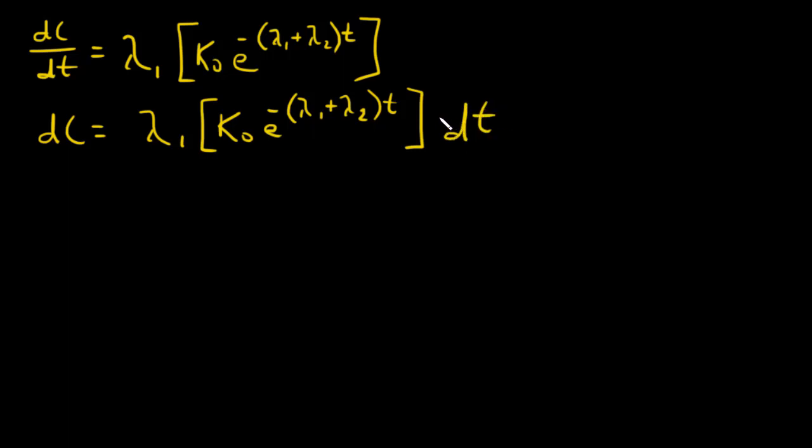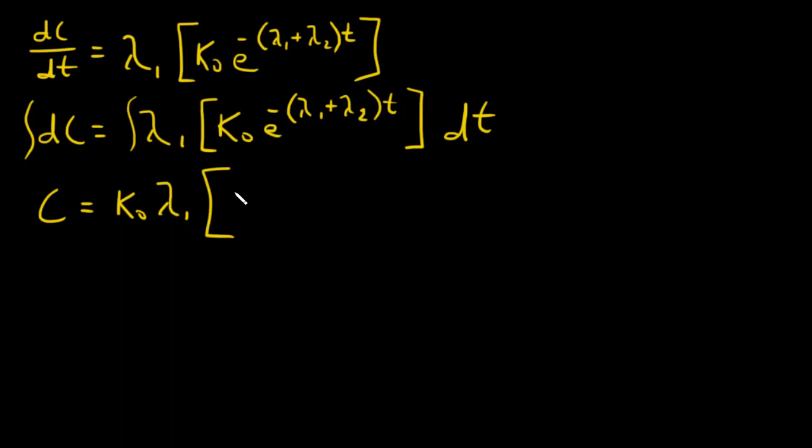Okay, well I can actually solve that. I can take the integral of both sides. That's not too bad. So K naught and lambda 1 are both constants, so they can come out. This is going to wind up with C is equal to K naught times lambda 1 times, well, what is the integral of e to that? It's 1 over that factor right there, right?